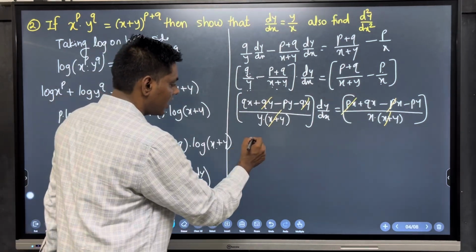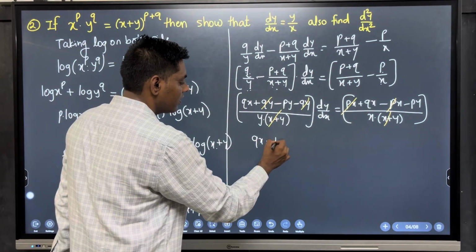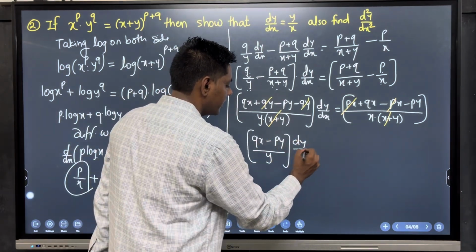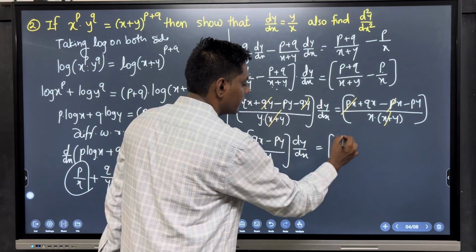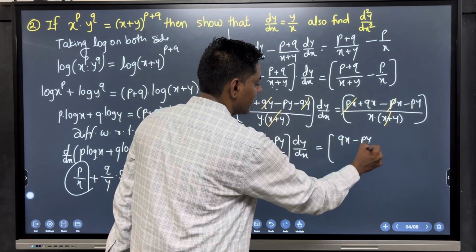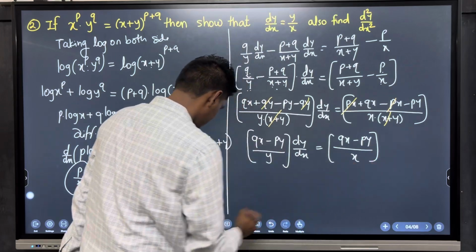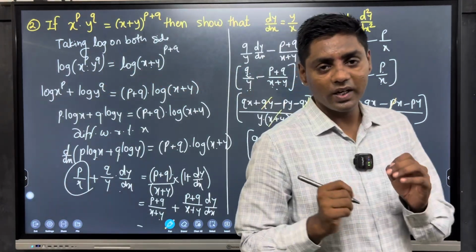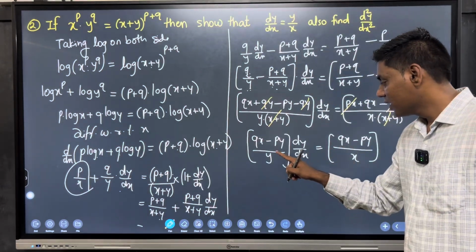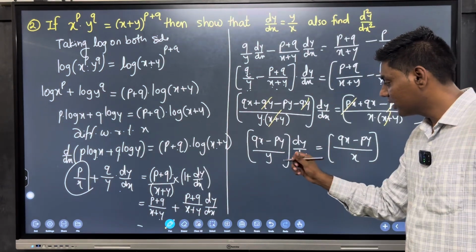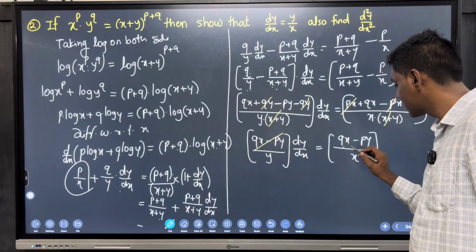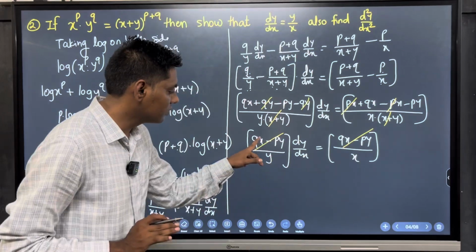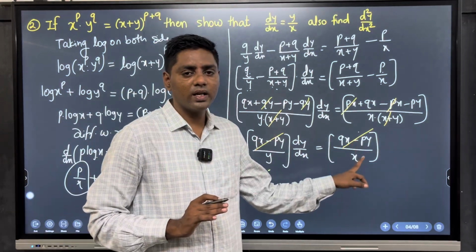So the remaining terms are qx minus py divided by y into dy by dx, equal to qx minus py divided by x. So again simple observation. Clearly, on both sides the numerator term qx minus py is the same, so we cancel it, and after cancelling, here 1/y is present and 1/x is present.